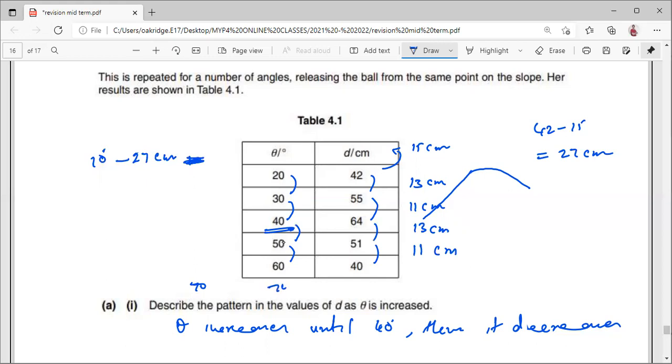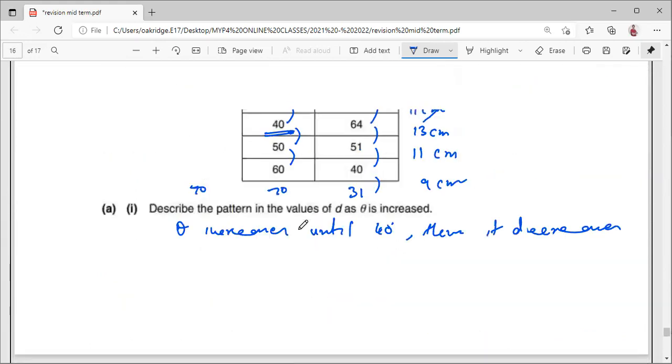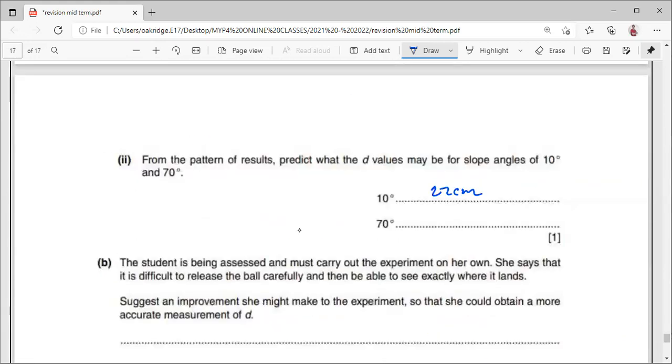Now when I go to 70 here, this is 13, 11, then I should subtract 9 here, 9 centimeters, which means this should be 31 centimeters here. So for 70 degrees, the distance fallen could be 31 centimeters. Then 10 degrees was 27 centimeters and 70 degrees was 31 centimeters.